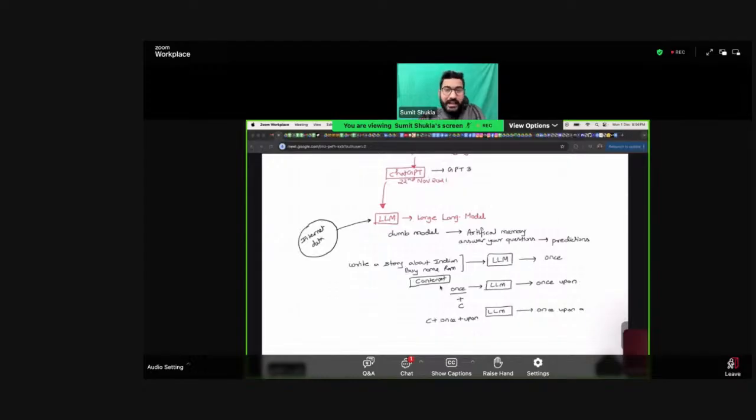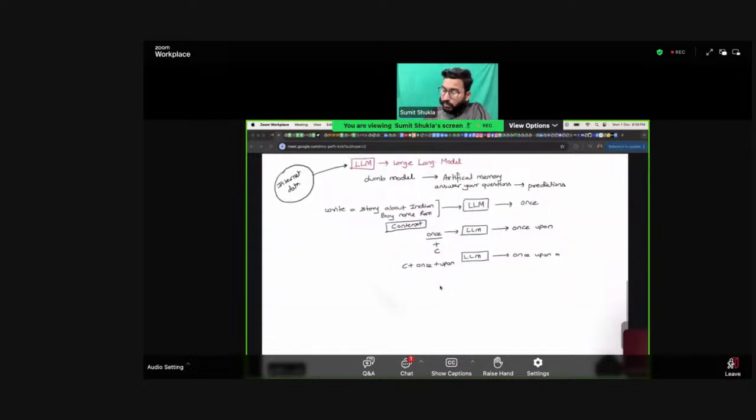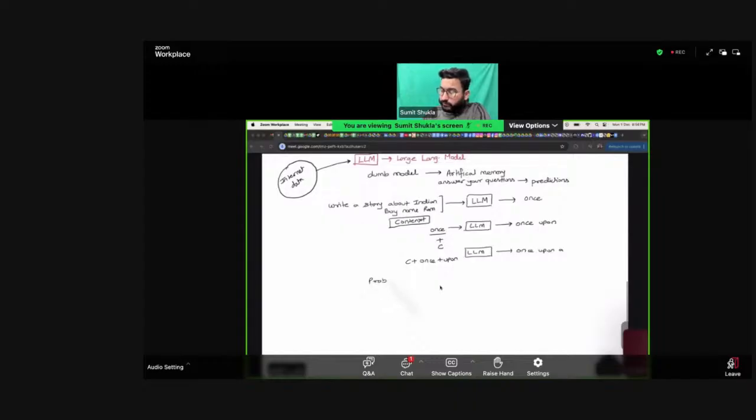That is what initially this LLM was doing. It was not able to reason. It was only able to predict the next token. The major problem was it was not able to reason.